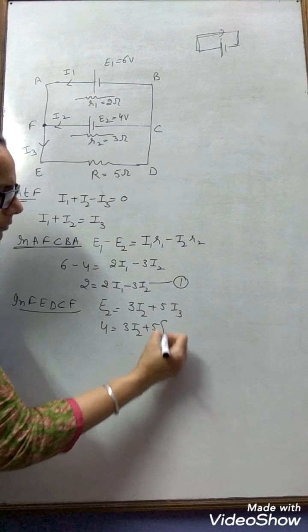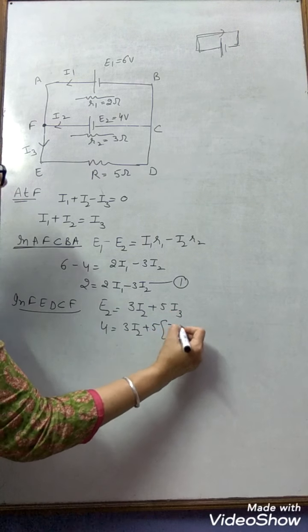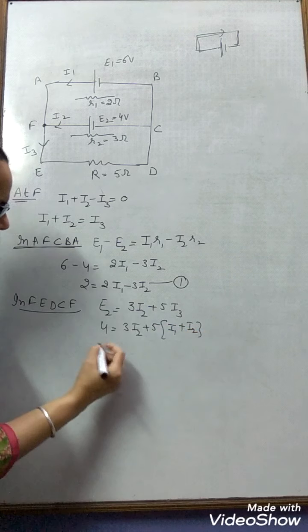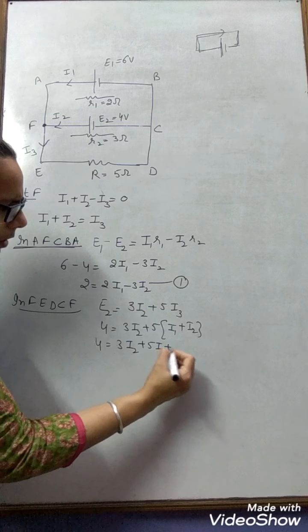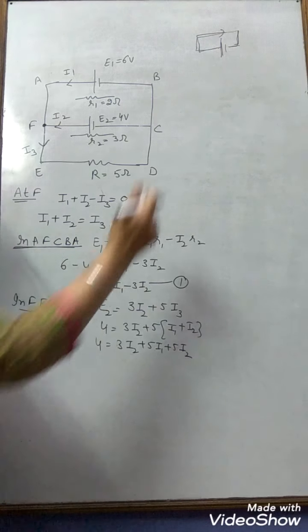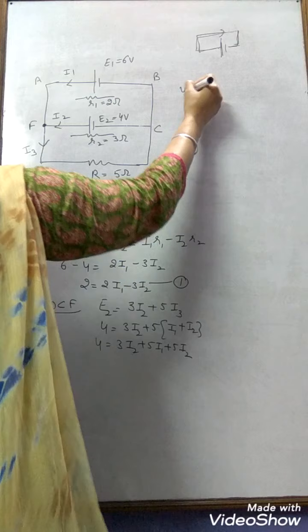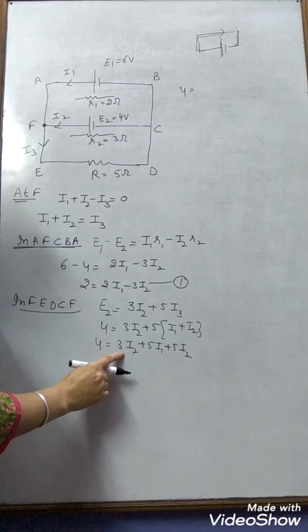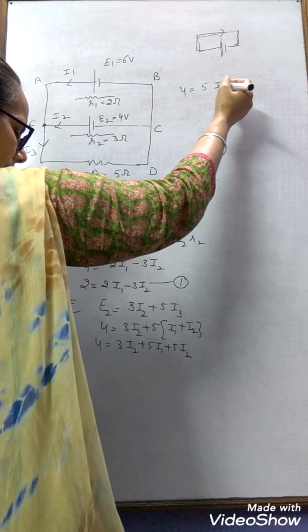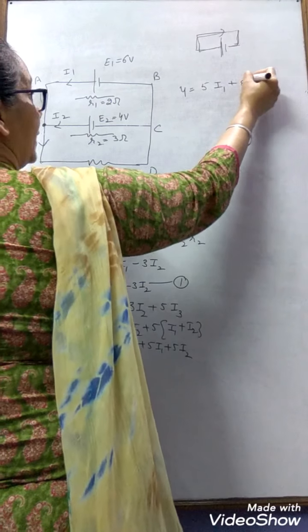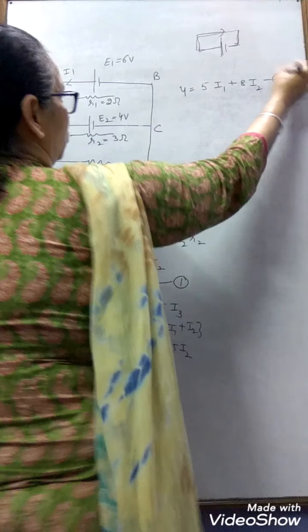What about this I3? I1 plus I2. Then we have 3I2 plus 5I1 plus 5I2. What we got is the second equation: 4 is 5I1 plus, 5 plus 3, that is 8I2. Equation number 2.